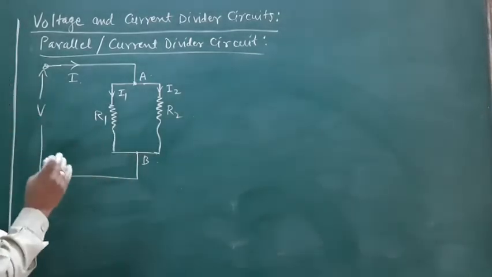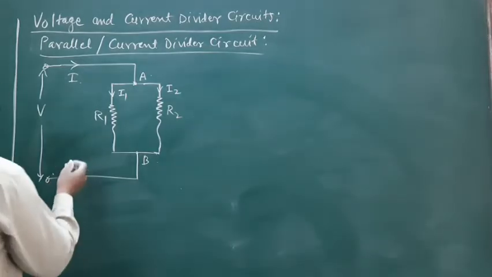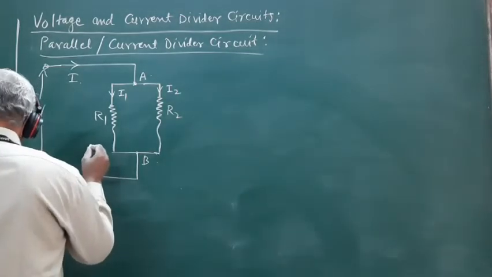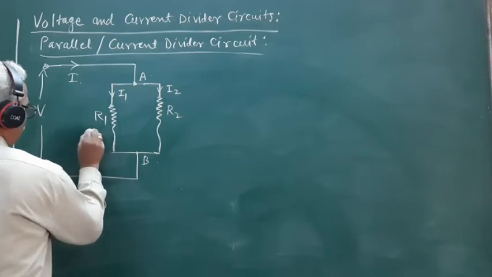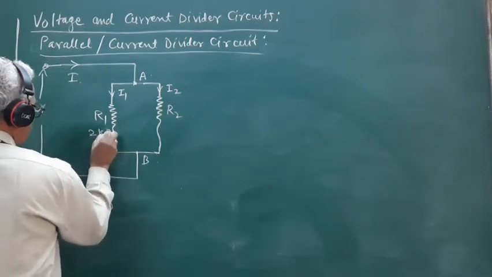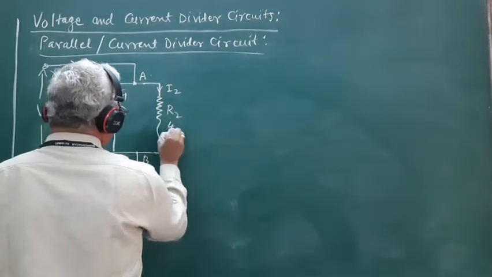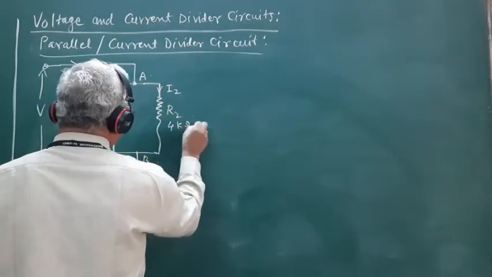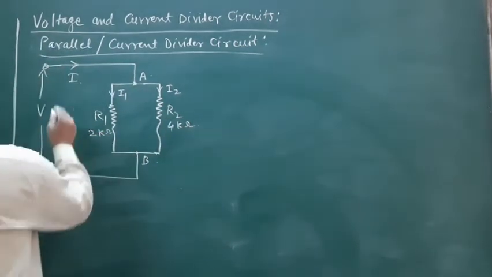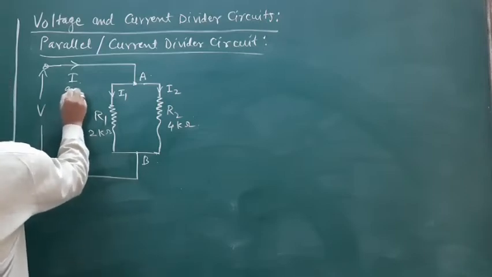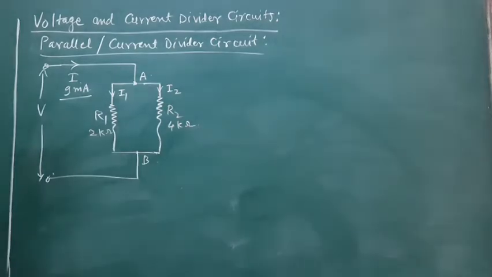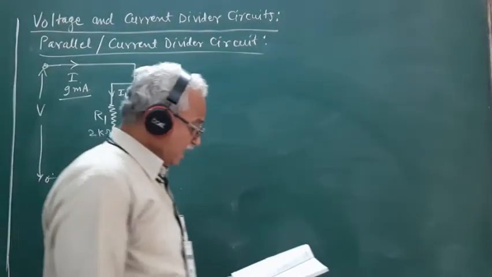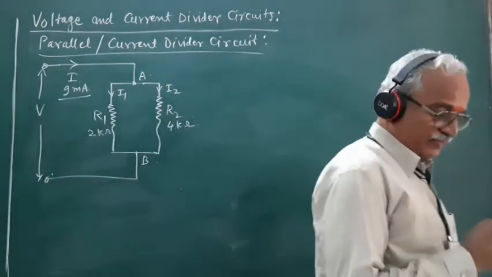So let us consider the values of R1 and R2. For the sake of understanding, let the value of R1 be 2 kilo ohm and that of R2 be 4 kilo ohm. And a current of 9 milliampere is drawn from the source.